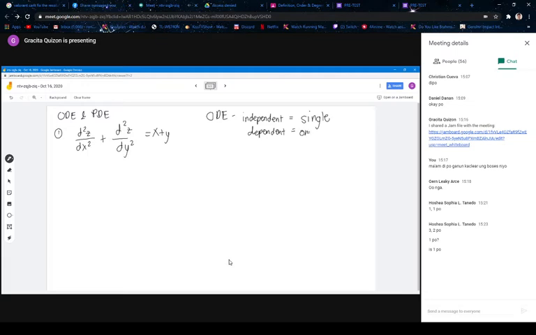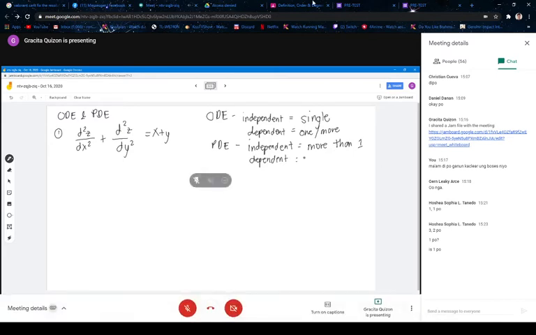So, PDE naman, yung independent is more than 1 po. And dependent, 1 or more po. Okay, 1 or more.